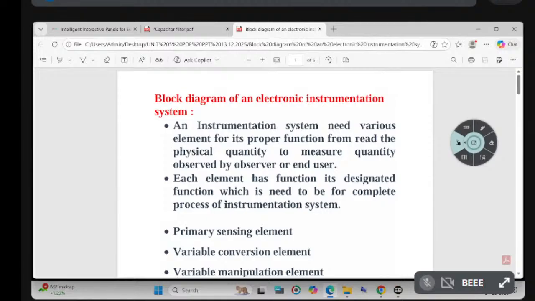Sixth topic, sixth question. Today's sixth question is a 5 to 7 marks question.